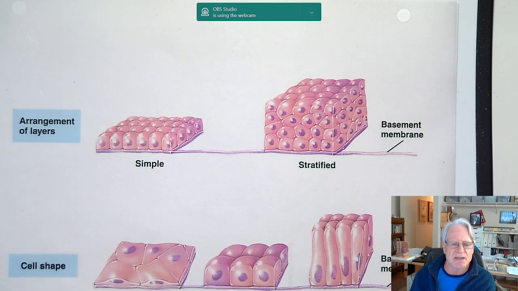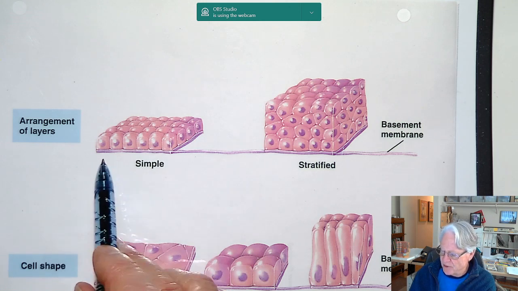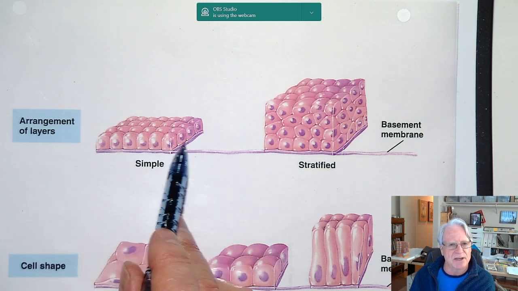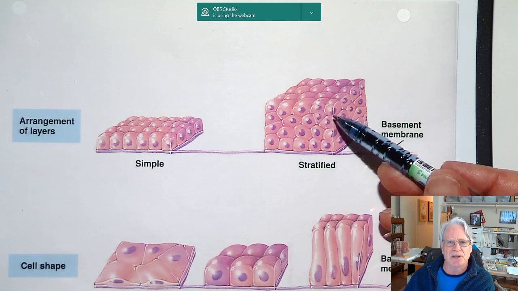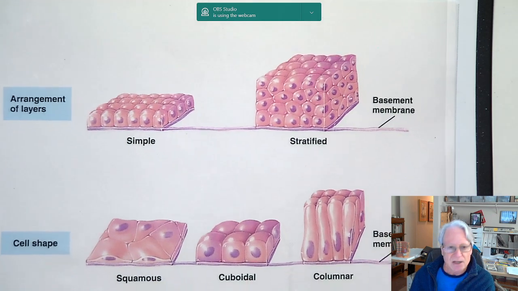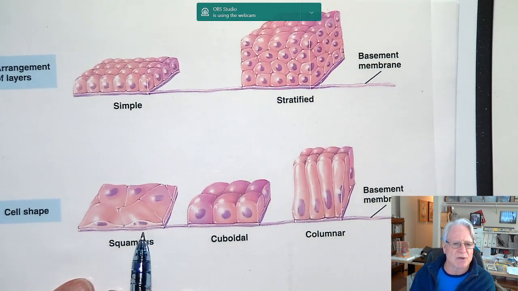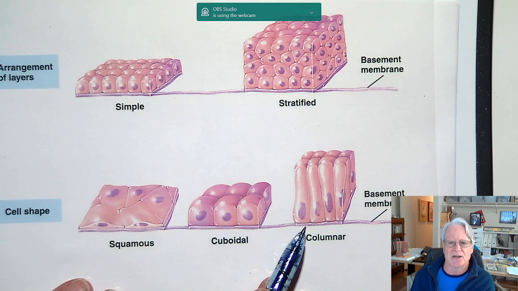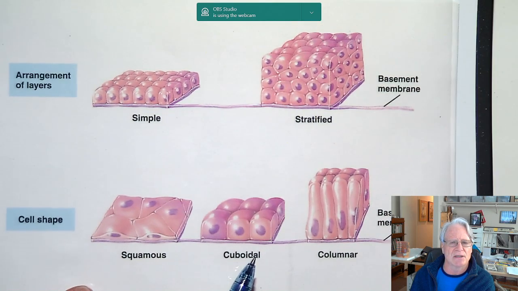So it's not going to be that confusing. You'll either have a very simple layer of cells or many multiple layers of cells when you're looking at the arrangement of cells. And then, of course, we have flat cells, squamous, cuboidal, and columnar. So those are our characteristics.